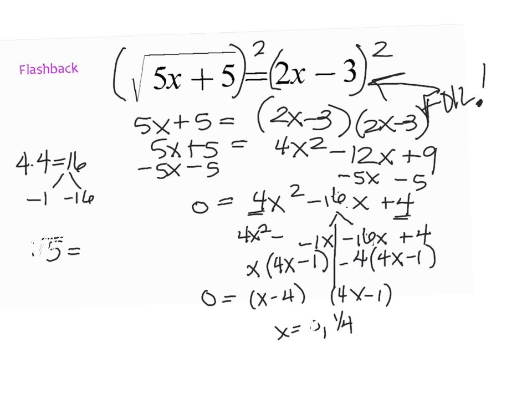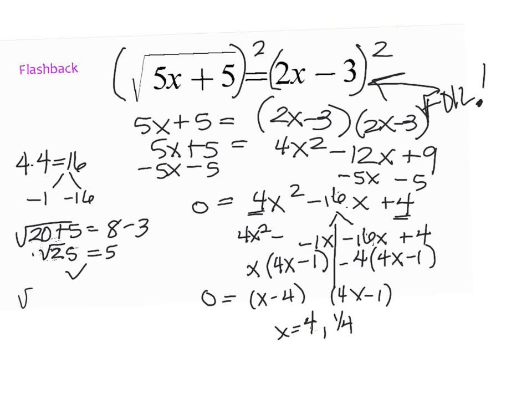The answer here should be 4, right? Not 0. So 4, okay? When I plug in 4, I'm going to get the square root of 20 plus 5 equals 8 minus 3, square root of 25 equals 5. Check mark, that one works.